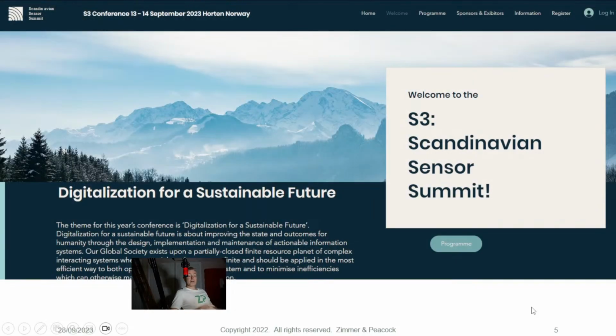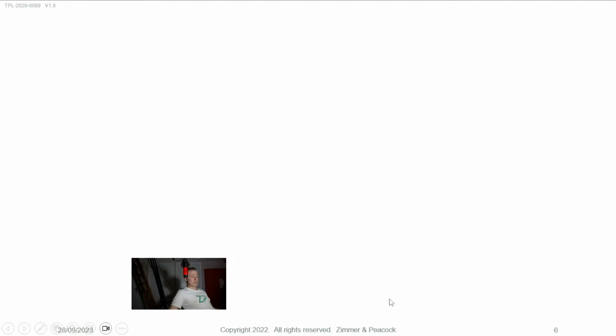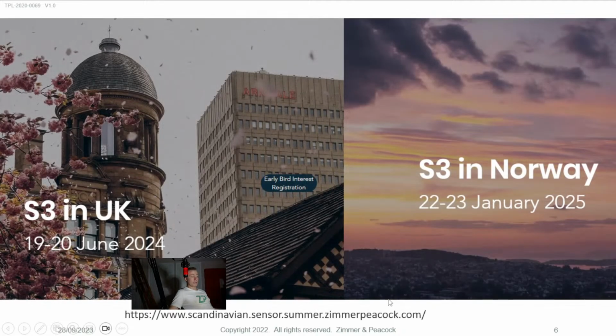We did have our Scandinavia Sensor Summit, so we have now a new effort. We call it S Cubed, which stands for Scandinavia Sensor Summit. This is really just a series of things like conferences. So we do have a couple of upcoming conferences, one in the UK.